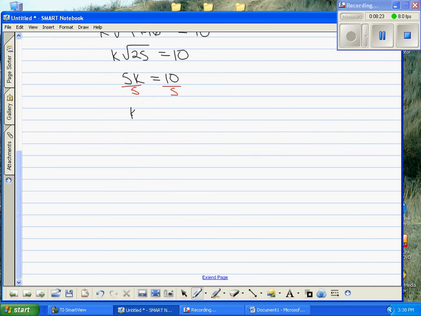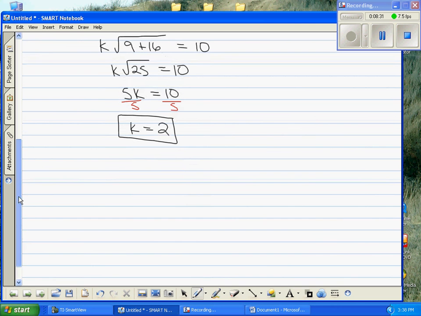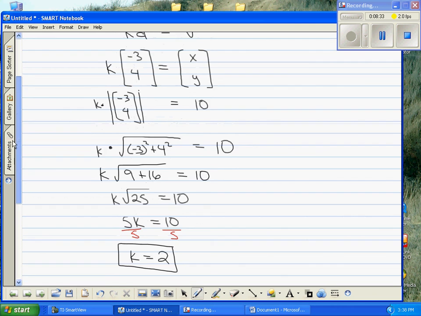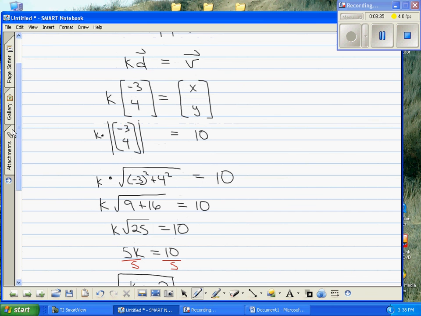Now, coming back up here, k equals 2. So if I substitute into this equation, 2 times my directional vector, which is -3, 4, will equal my velocity vector, which is x, y.